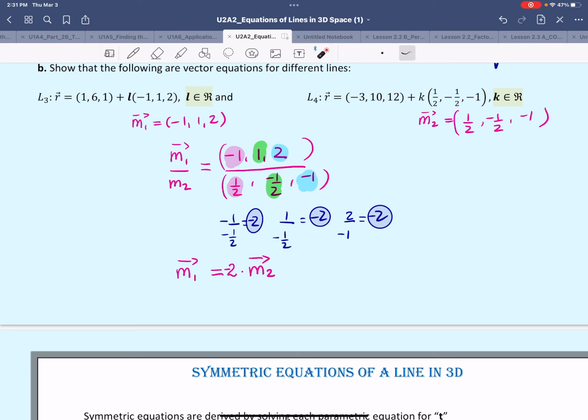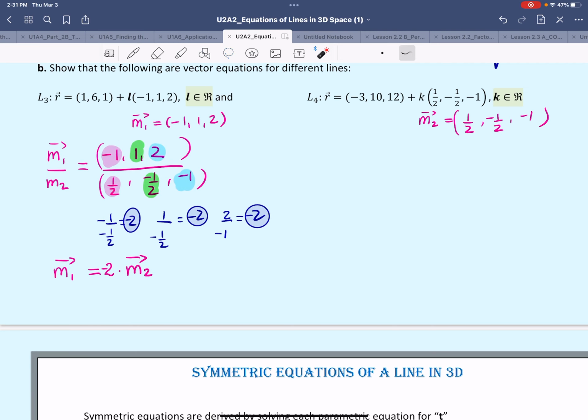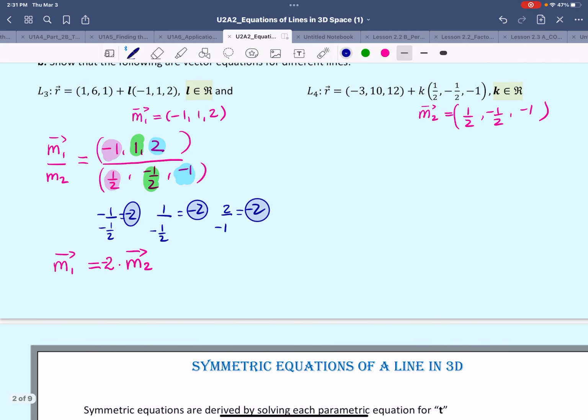How about a common point? For a common point, now we're going to substitute the coordinates of either starting point into the other equation. So I'm going to choose this time (1, 6, 1), which is the starting point of the first line given, into the second line here.